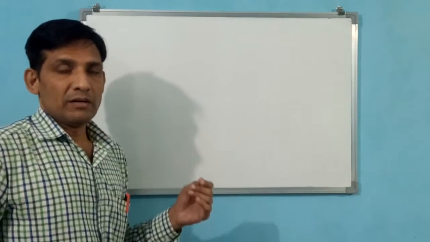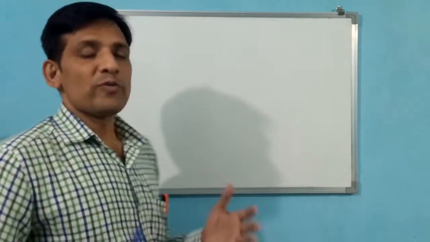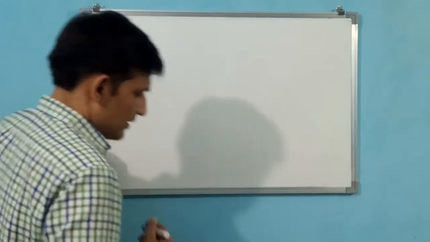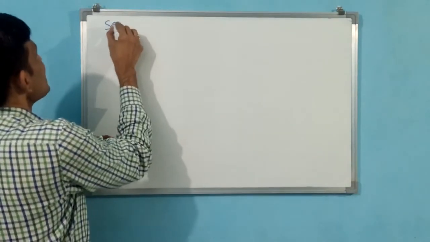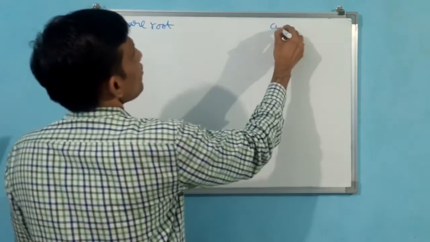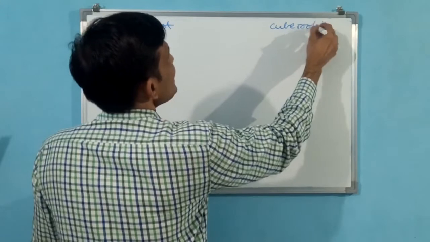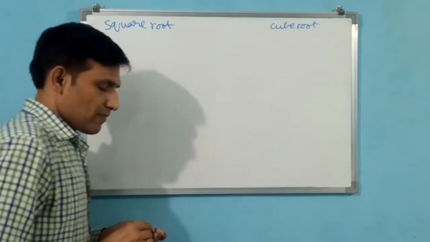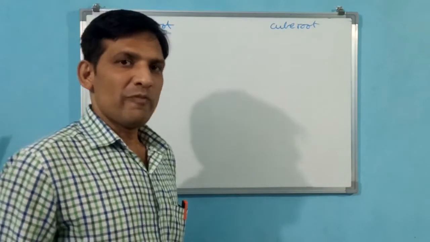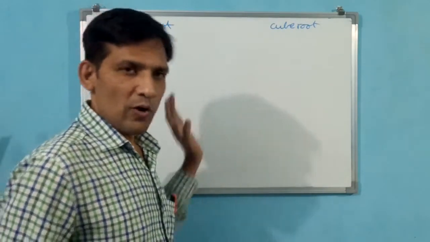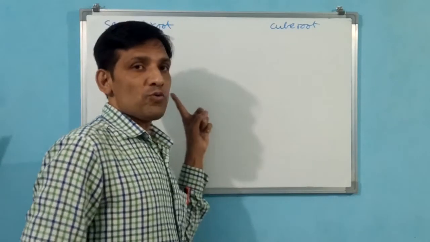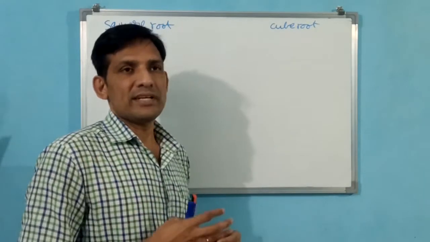Now, we will see how we are going to find the square root and cube root of numbers. For finding square root or cube root, we go for the factorization method. I am going to show you how the factorization method is going to work for us. For square root, another process is there, the long division method.